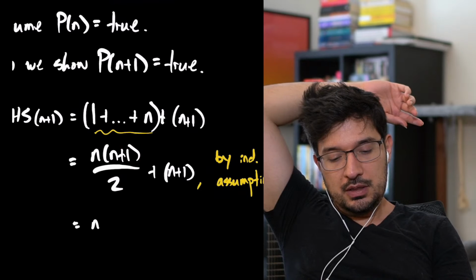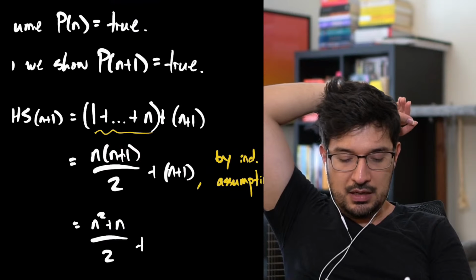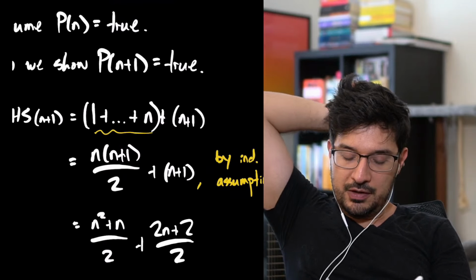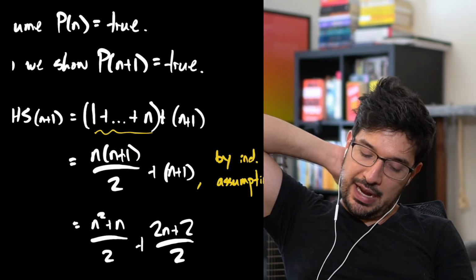What we do is we distribute, and then convert the second number by doubling the numerator and denominator.